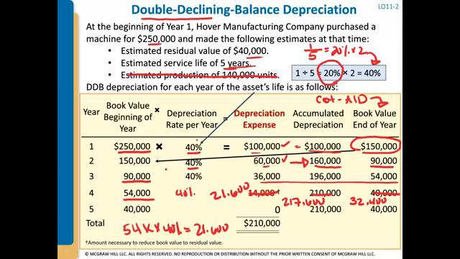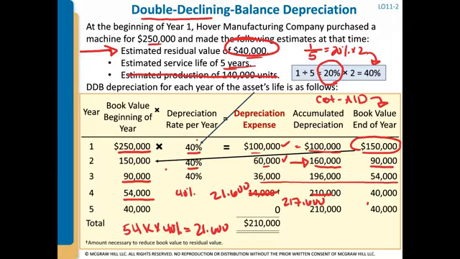What do you see here? This 32,400, the end of the year book value, if we were to do that, is less than our residual value, right? They told us that our residual value right here is $40,000. Your book value at the end of the year cannot go less than $40,000.